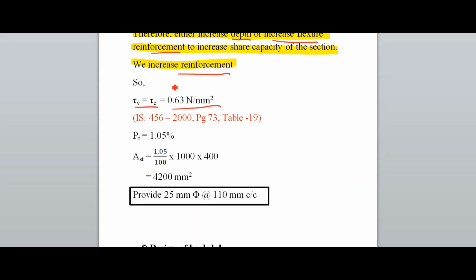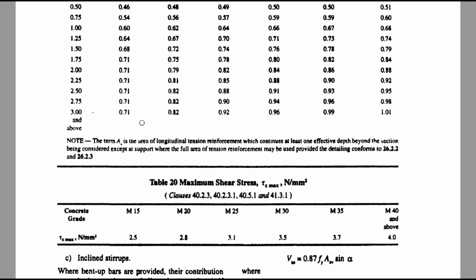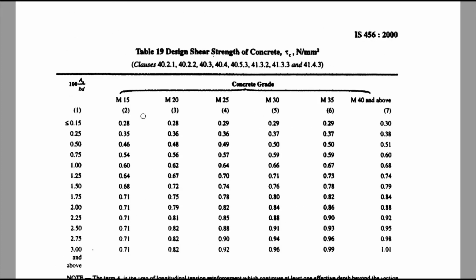Now for this tau C equation we have to find PT from IS 456 2000, page number 73, table number 19. Let's check these things. In IS 456 2000, page number 73, table number 19 is here: design shear strength of the concrete, tau C.